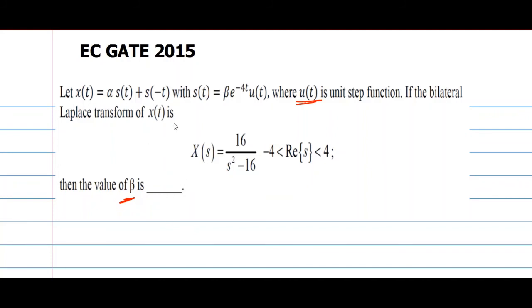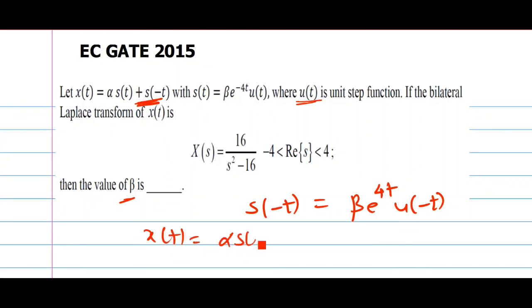So s of minus t. How will you write s of minus t from s of t? In place of t put minus t. So s of minus t will be beta e raised to power minus minus becomes plus, so 4t u of minus t. And alpha is again a constant. s of t is already available. So x of t is alpha times s of t plus s of minus t.